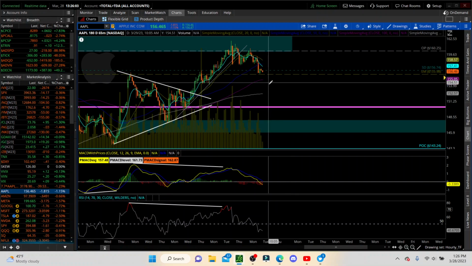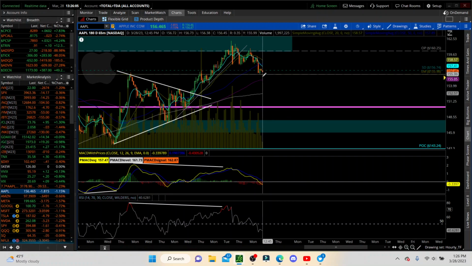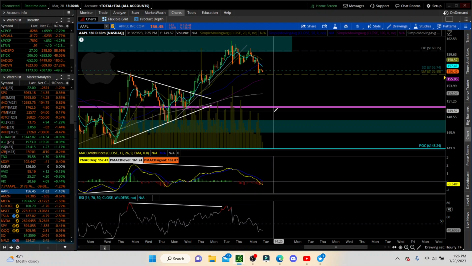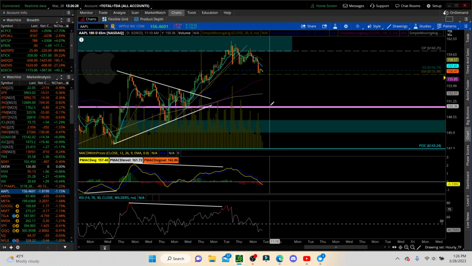So this move should be pretty hefty after the catalyst Thursday, GDP, something like that. It doesn't really matter to me. I don't look at those as how I view the market in the short term. I just look at those as catalysts for price moving a little bit faster in the direction it was going to go anyway. So I think that's pretty much all I have to say here.